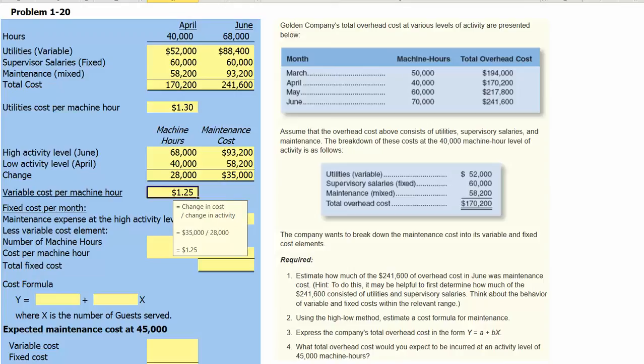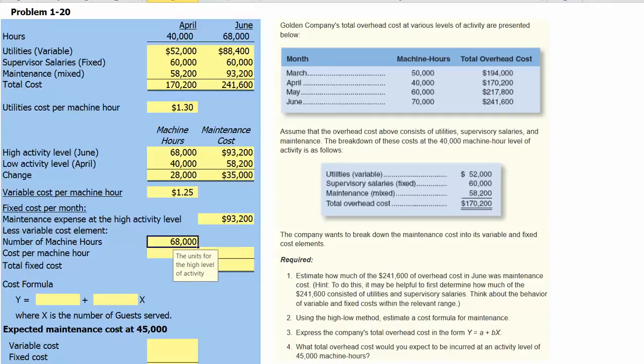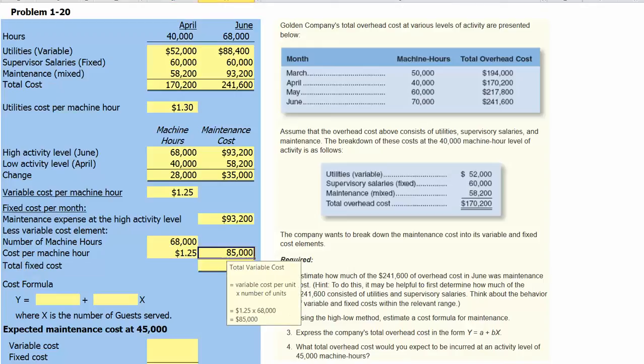We can now pick one of our points, our high point or our low point, to estimate our fixed cost component. We're going to pick the high level of activity. At the high level of activity, our total cost was $93,200. We've calculated that from above. We need to subtract off the variable component of that. At 68,000 machine hours multiplied by $1.25 per machine hour, our total variable cost will be $85,000.